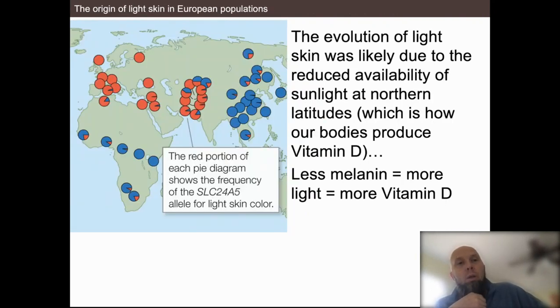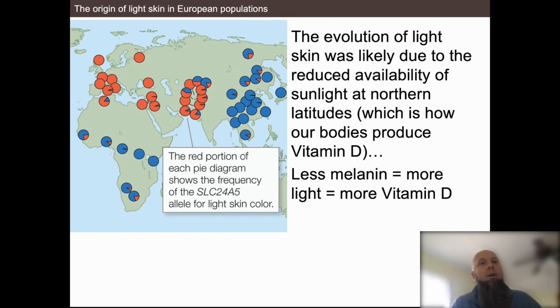The same is true of alleles that confer lighter skin coloration, okay? What's interesting is that these alleles arose as humans moved north, where sunlight was less and less available. You have shorter days, longer nights, less sunlight available to produce vitamin D, okay?